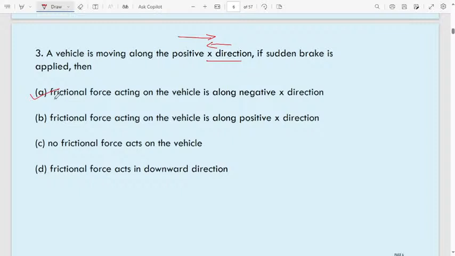Therefore the correct answer is frictional force acting on the vehicle is along negative x direction. Always remember, for the motion of a vehicle or any object, the frictional force is always opposite to the motion of the body. Therefore option A will be the correct answer.